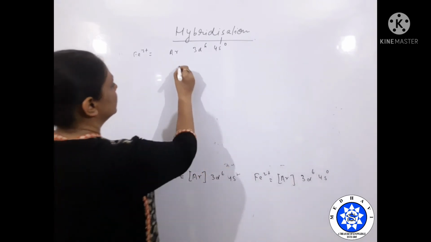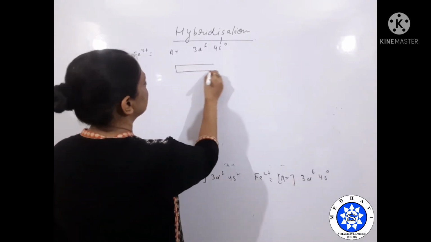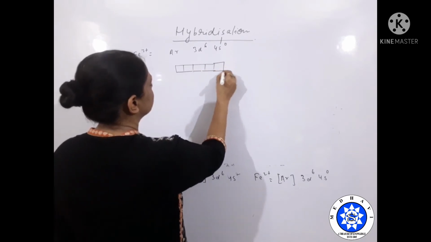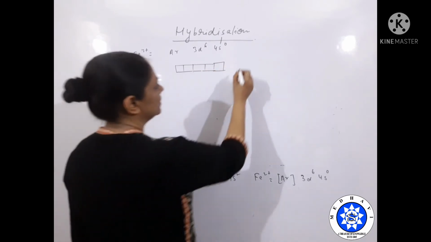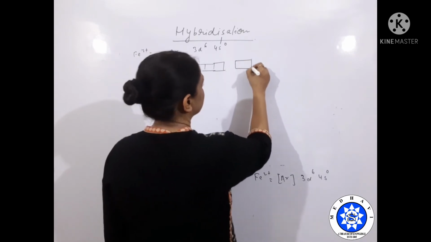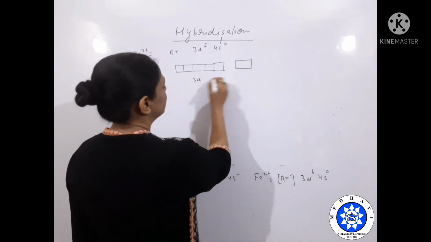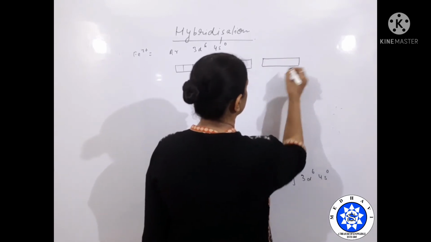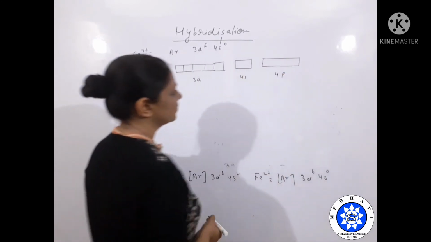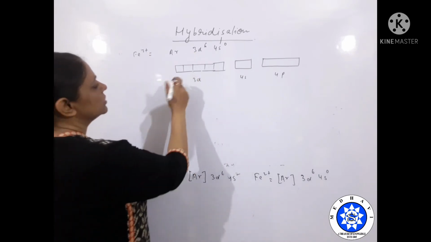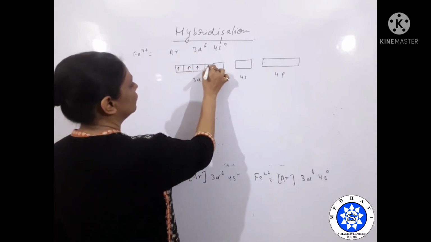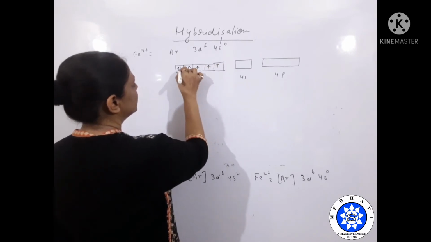So here d subshell has 6 electrons. d subshell has 5 orbitals. This is 3d, this is 4s, and we need some extra orbitals also, 4p. Now 6 electrons are there, 1, 2, 3, 4, 5 and 6.